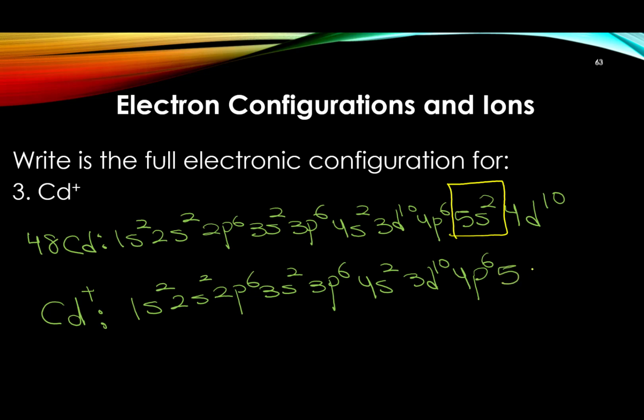Now I'm going to remove only 1. Look here. This is my valence shell, and I'm removing 1 electron for cadmium ion.